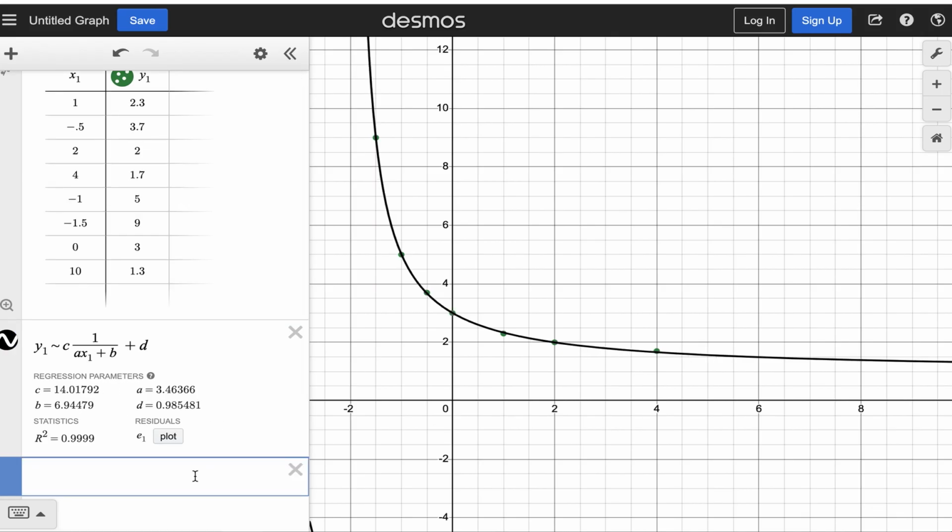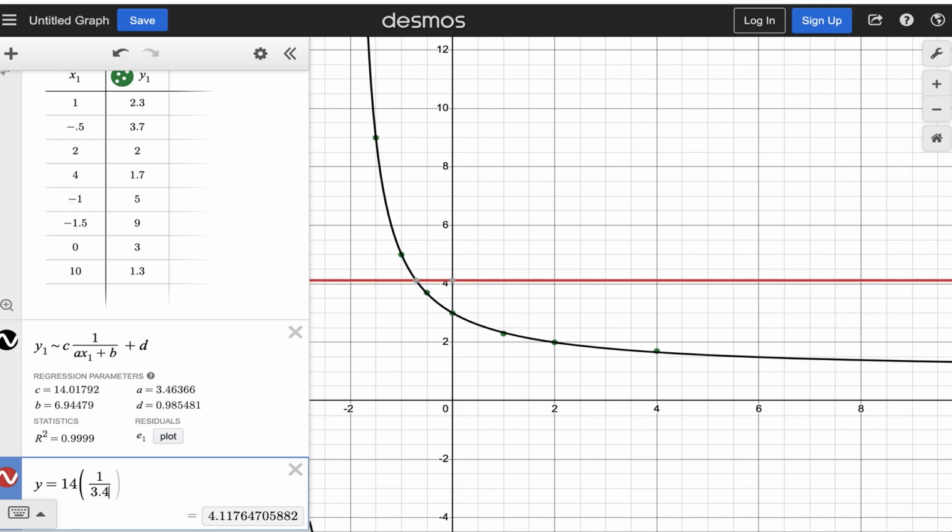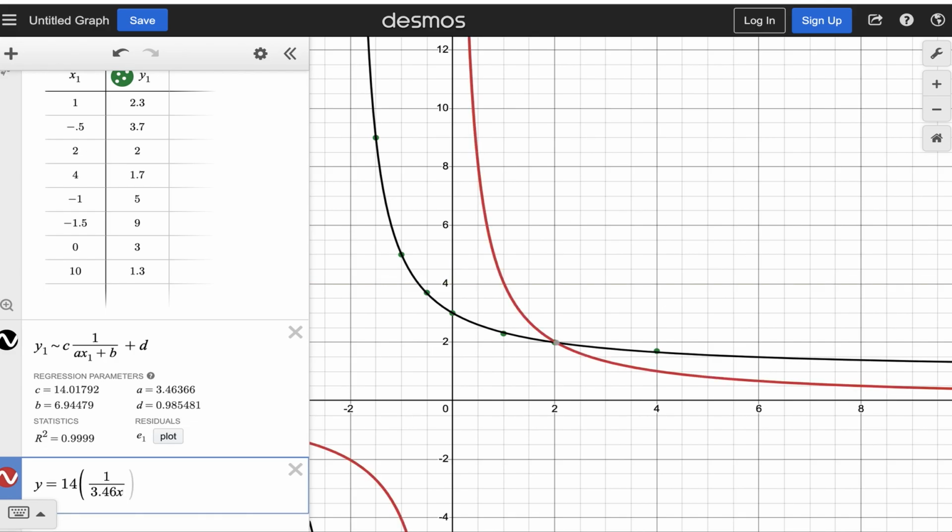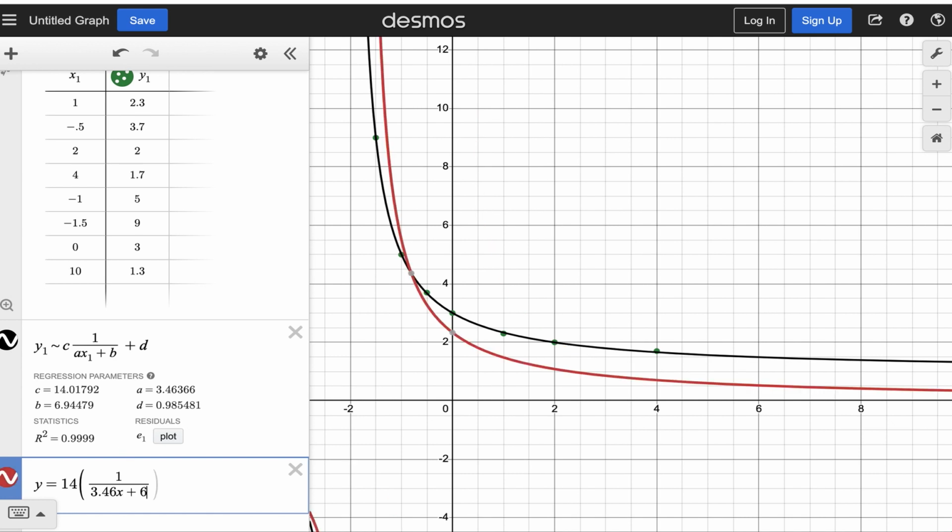So the model would be y equals C, which was 14, times parenthesis 1 divided by A, which was 3.46, x, and the B was 6.94, plus 6.94, and then on the outside we need to have a plus D, which is 0.99, plus 0.99. And there's the model that it made.